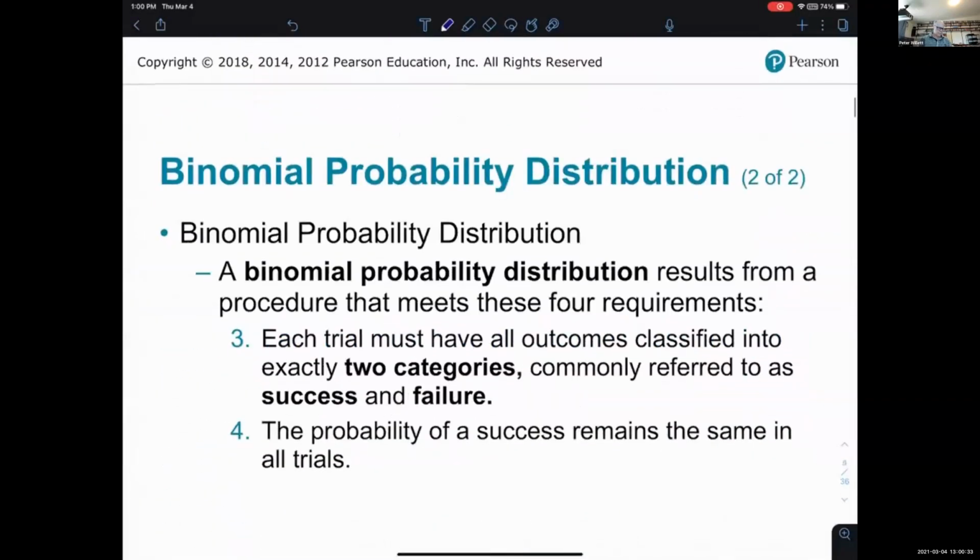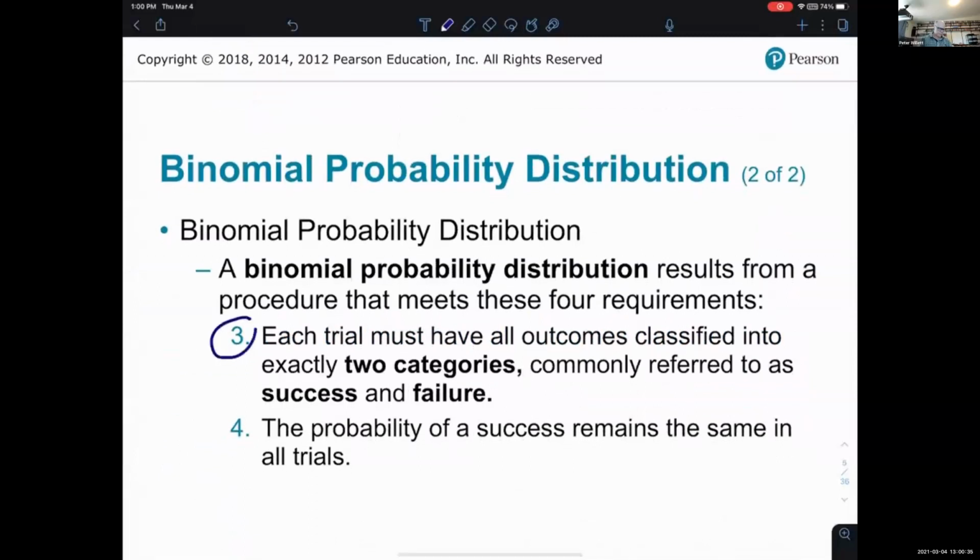Number 3. Each trial must have all outcomes classified into exactly 2 categories, commonly referred to as success and failure.